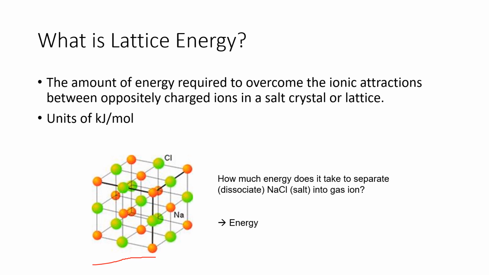And lattice energy is basically the amount of energy required to overcome the ionic attraction. So keyword is ionic, and it's between oppositely charged ions in a salt crystal or lattice. And it's important to know that the units are in kilojoules per mole. So basically, how much energy are you going to need to separate the sodium ion and the chlorine ion? That's what the lattice energy would be.